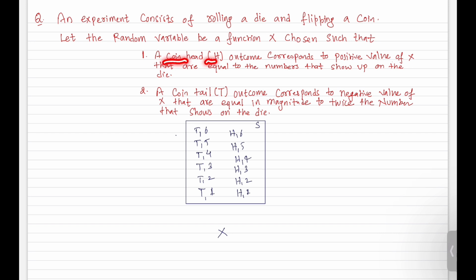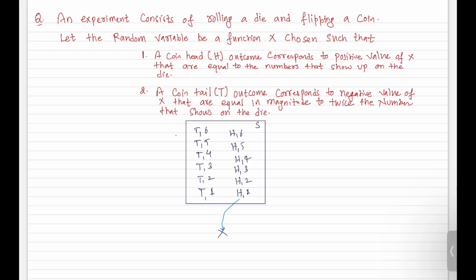A coin head outcome corresponds to a positive value of X that is equal to the number that shows up on the die. So you can read the question from here: the random variable is a function X chosen such that whenever a head comes up, if you have done the experiment and, let's suppose, you get this outcome, you can put this outcome as an input to this random variable.